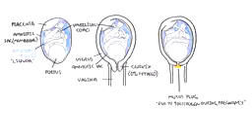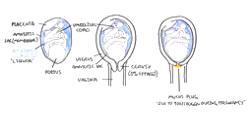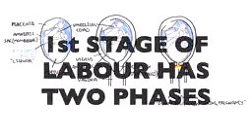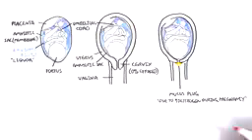Labor begins when the woman has regular, painful contractions with cervix effacement, plus minus dilatation of the cervix as well. Stage 1 of labor is actually divided into 2 phases: the initial phase, also known as the latent phase, and then there is the active phase.